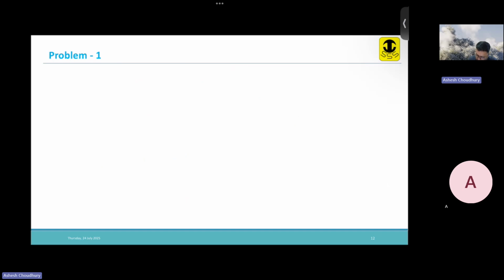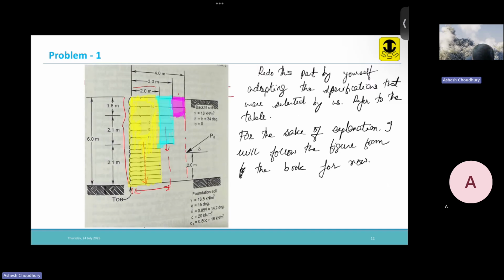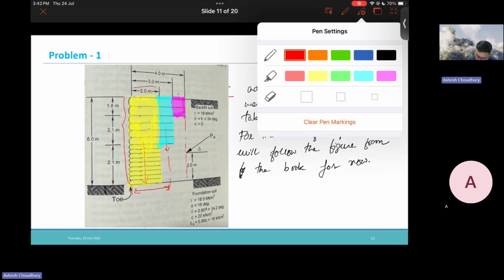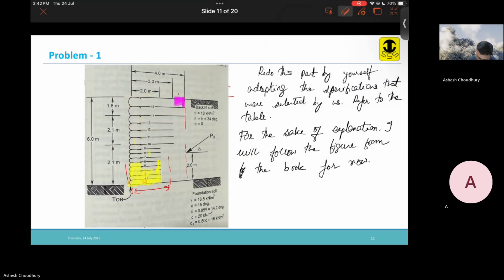Here we have 1. And the next again we have 3 plus 0.5, that's why we have 3.5. So 3.5 is the lever arm. This is very easy, basic.